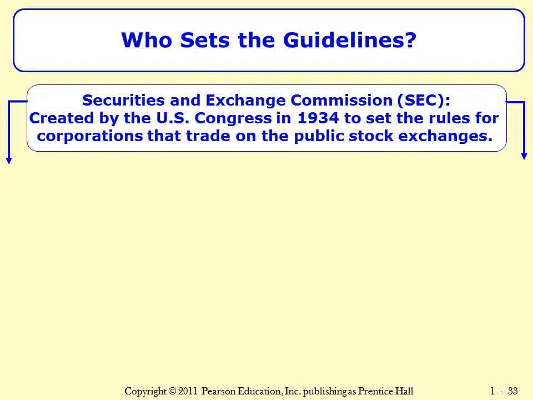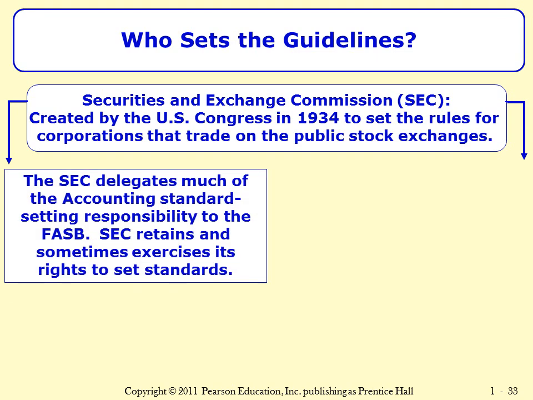Who sets the guidelines for accounting? Well, the Securities and Exchange Commission, the SEC, was created by the U.S. Congress to set the rules for corporations that trade on the public stock exchange. So these are extra rules for public corporations in addition to the rules that the accounting board has made.